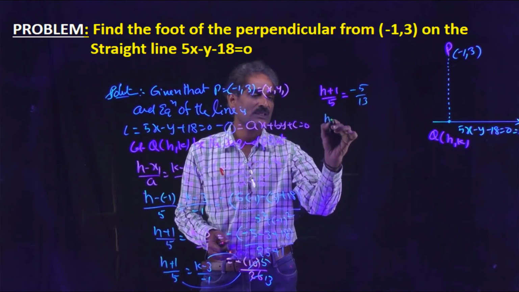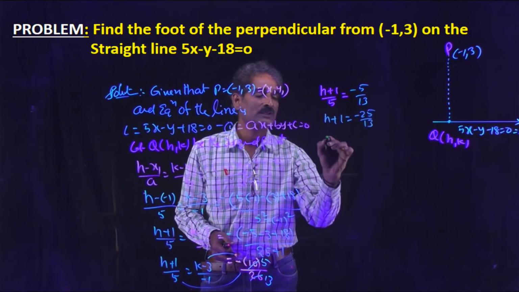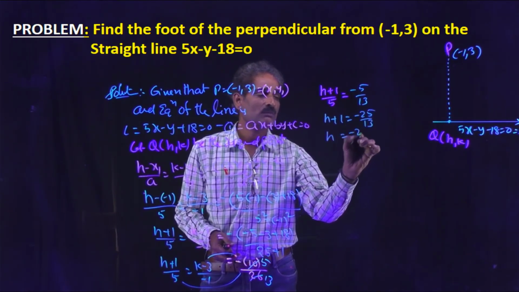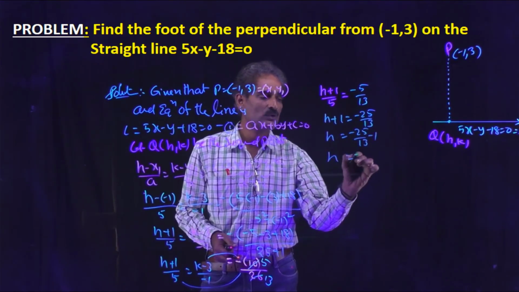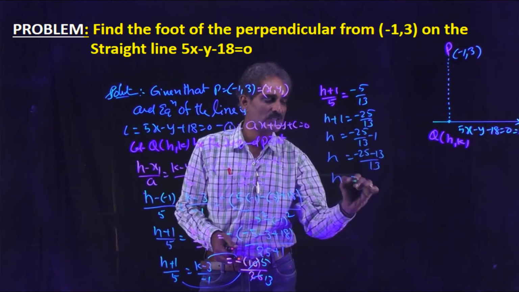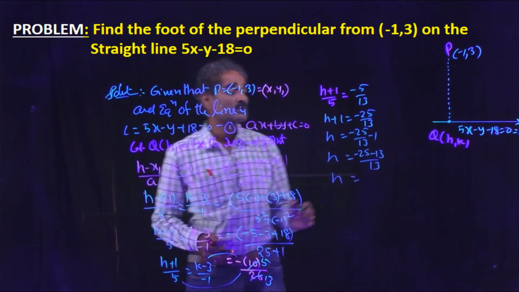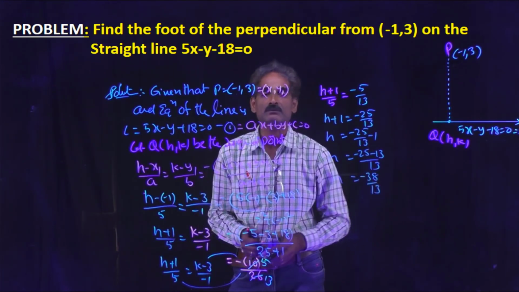So h + 1 = -25/13. h = -25/13 - 1. h = (-25 - 13)/13. h = -38/13.